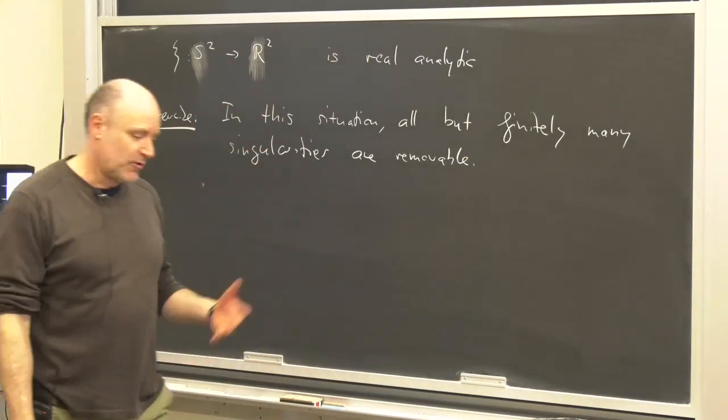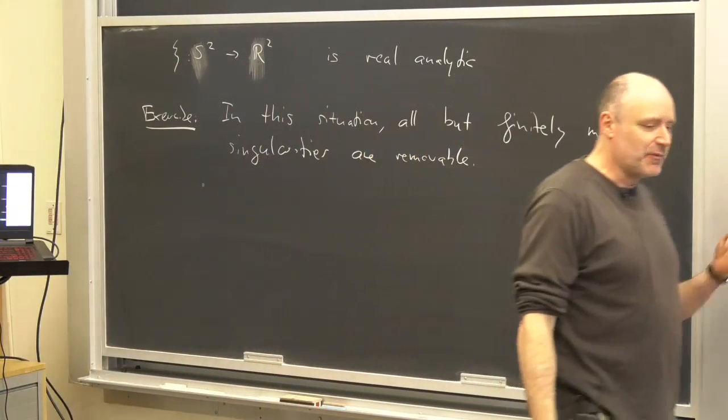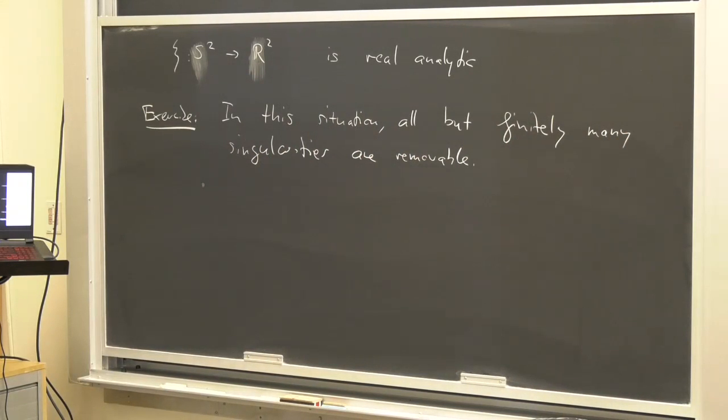Okay, because codimension 2, of course, being a definable set, means it's finite. But if you have a function like that, which is not identically 0, then it can only have finitely many singularities. Yeah.